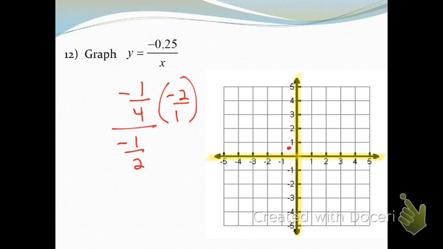So when the constant's negative, my graph is going to be in quadrant 2, and where else do you guys think? Quadrant 4. Because if I plugged in 1/2, negative 1/4 divided by 1/2 would be negative 1/2. I knew that because I took the square root of my constant. So this point's negative 1/2 comma 1/2. This point's 1/2 comma negative 1/2.